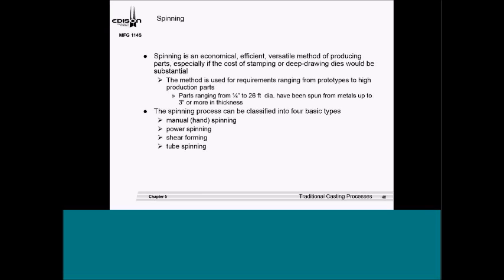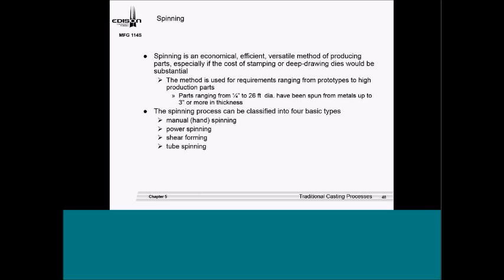We can talk a little bit about the parts ranging from 1/4 inch up to 26 feet in diameter that have been spun, for metals up to 3 inches or more in thickness. I'm thinking, wow, 3 inches or more, that's a pretty good machine. You've got to have quite a bit of tons on that. We talk about manual hand spinning, and you'll see the video on that in a few moments.